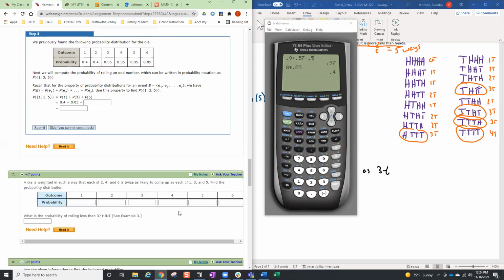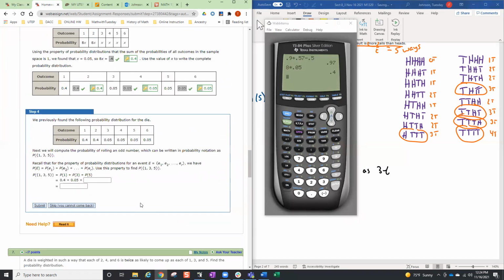All right, last step. We previously found the probability distribution for the die. Next, we will compute the probability of rolling an odd number, which can be written in probability notation as the probability of rolling a 1, 3, or 5. Recall that for an event E, the probability of E, we just add up all of these.